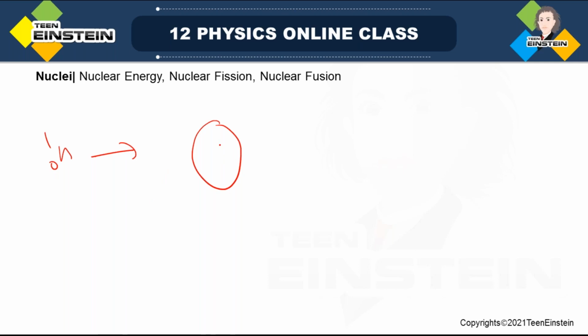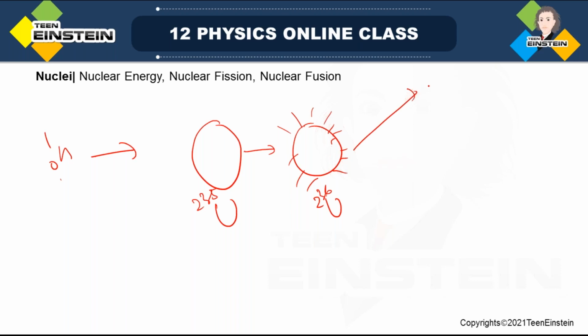Then this nucleus becomes radioactive and unstable, and it will be split into two. Suppose you have a nucleus, uranium 235, and you bombard it with a high energy neutron, then it becomes uranium 236. Uranium 236 is not a stable nucleus. Then it gets split into two.